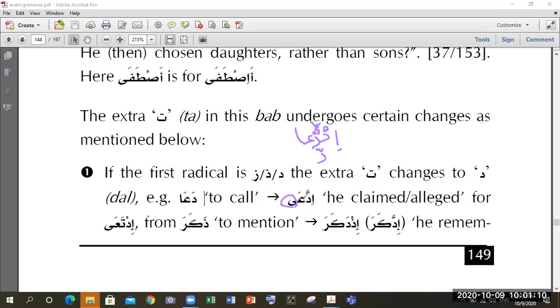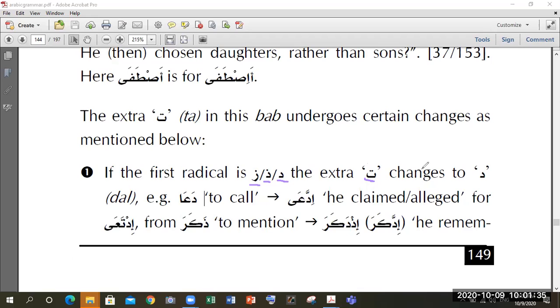We were just discussing this. The rules are made like that because the makharij, the places where we pronounce the letters, are similar. If we have a dal and have to add a ta, it will be difficult to pronounce.